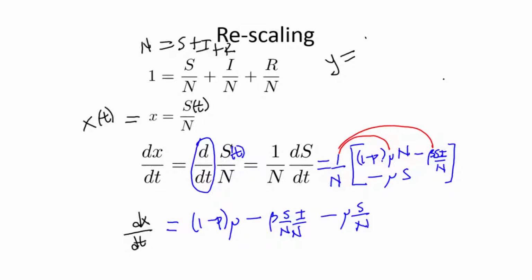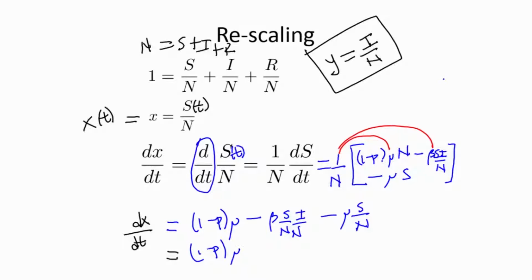Suppose that y is I divided by n. So that means that we can write this expression as 1 minus p times mu minus beta x times y minus mu x.